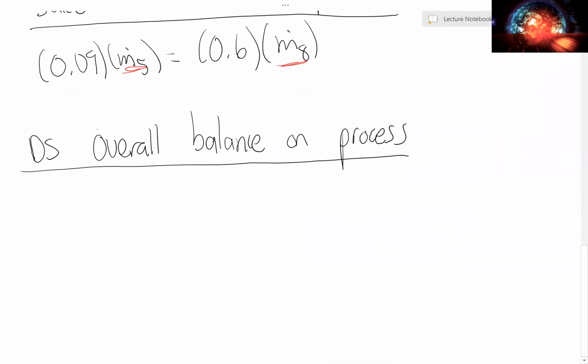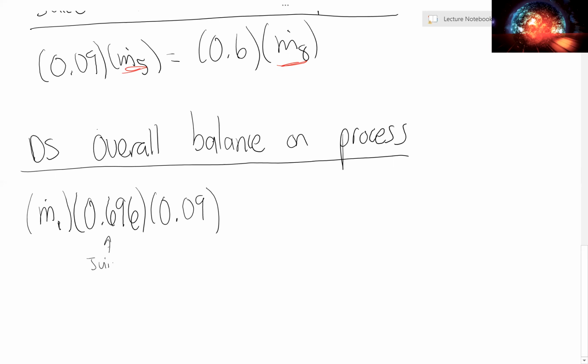So if I look at a dissolved solids overall balance, I have M1, and 69.6% of that stream is my juice. And of that juice, 0.9 weight percent is dissolved solids.